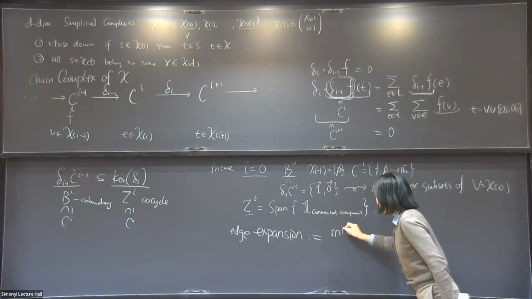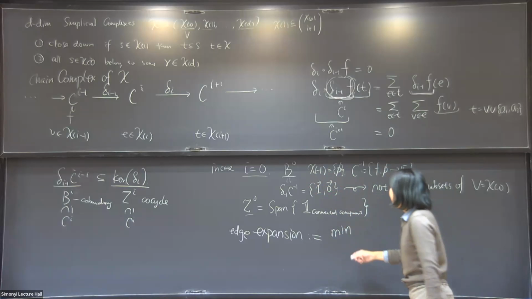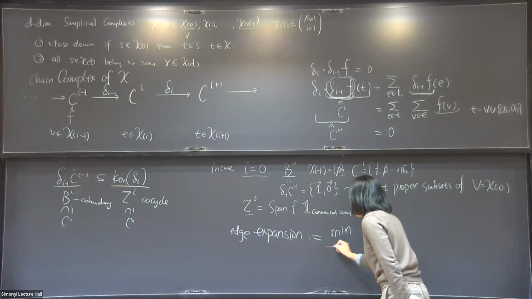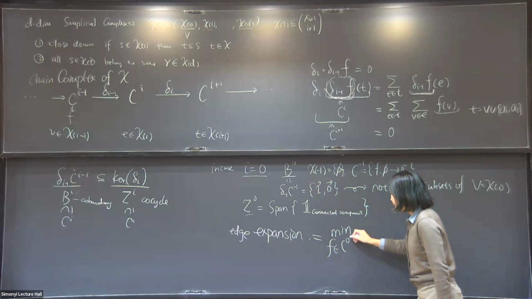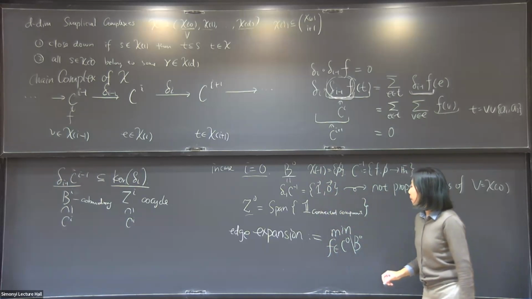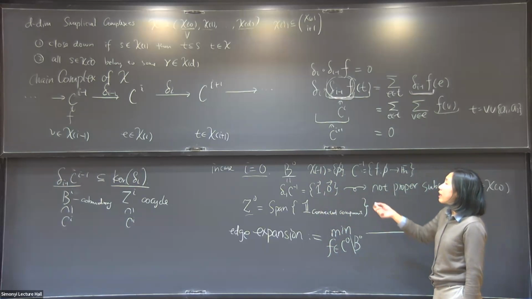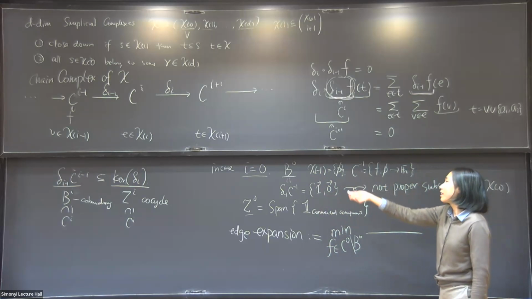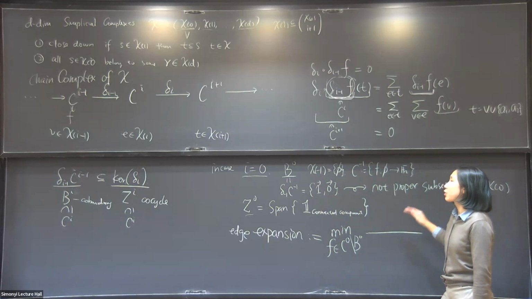As Avi noted, instead of taking minimum over S, we can take minimum over functions in C0, so indicators of subsets, but we exclude this coboundary B0. And then what we get is, on the numerator, we have actually the cut size.